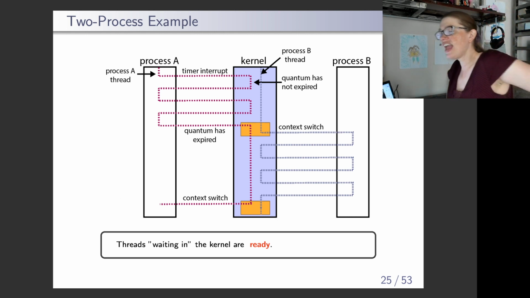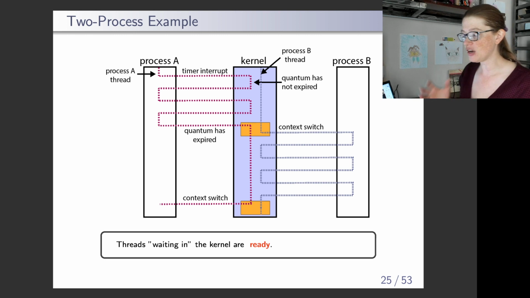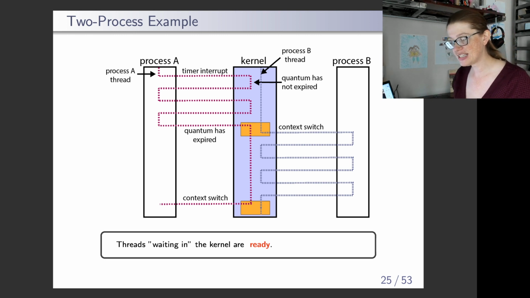Now, we can do this in a few different ways, and I've seen it implemented in several different ways. One way is to treat every thread of every process the same, and they all get the same scheduling quantum. Another thing that I've seen is people say, okay, we'll let processes have larger quantums than the individual threads.